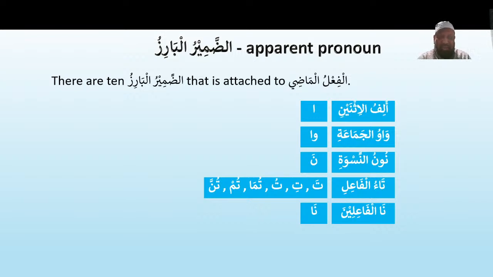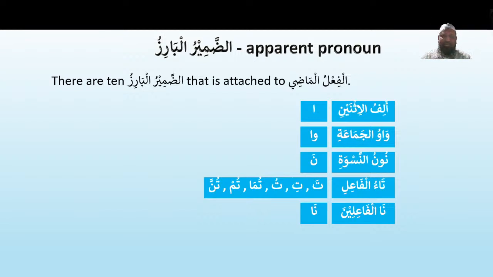Because they are ism, they will have their own slot. So this damir slot is the fa'il in the sentence. So alif is the fa'il, waw is the fa'il, the noon niswa is the fa'il, ta'ul fa'ili, all of them are fa'il, and the na al fa'ilin is also fa'il in the sentence.